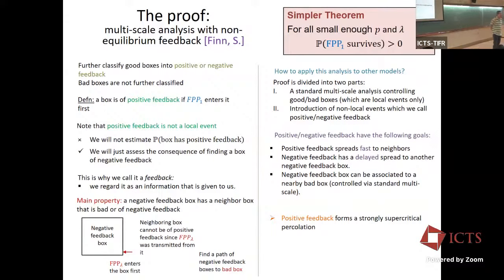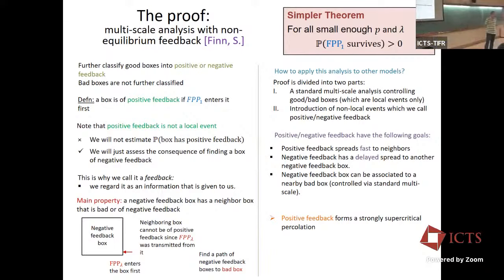The time penalty that you said is associated with this chain of negative feedback boxes, does it follow directly from the slow rate of FP lambda? It does follow from the fact that FP lambda is much slower, but it's more involved than that.